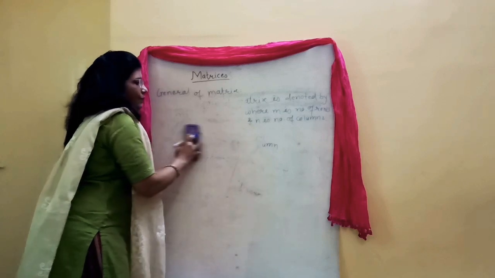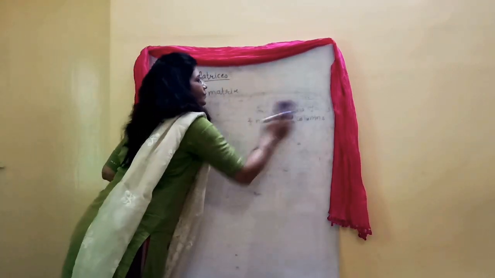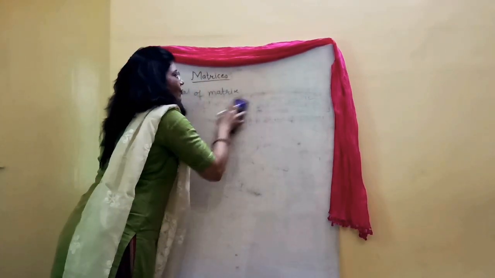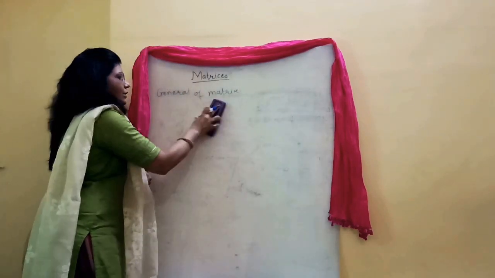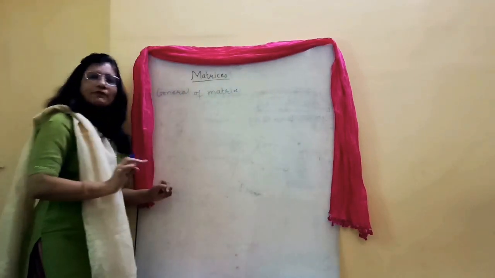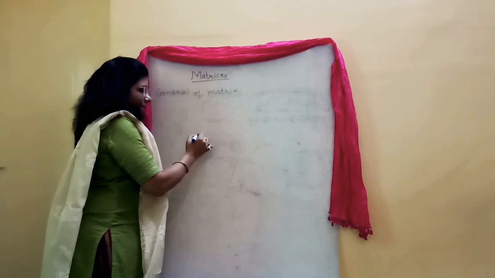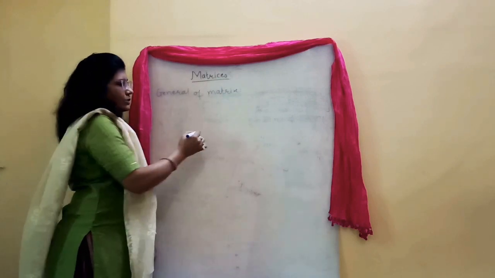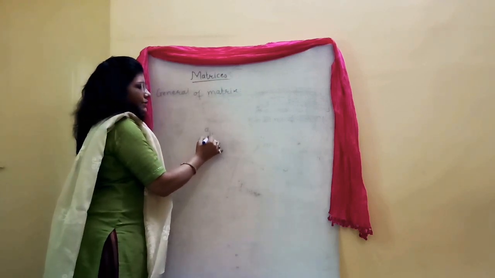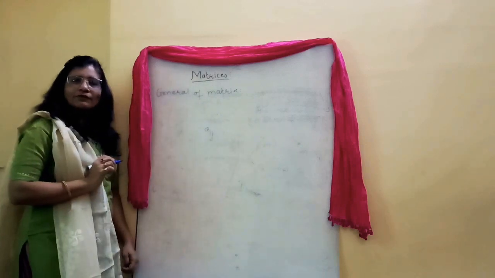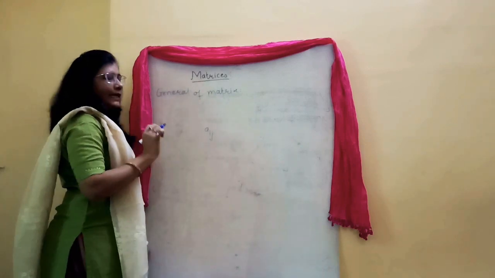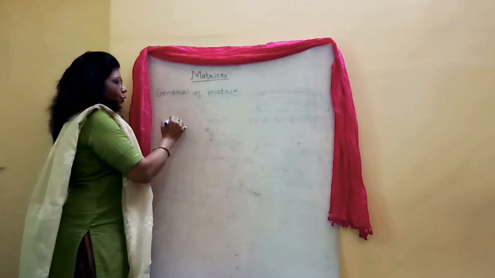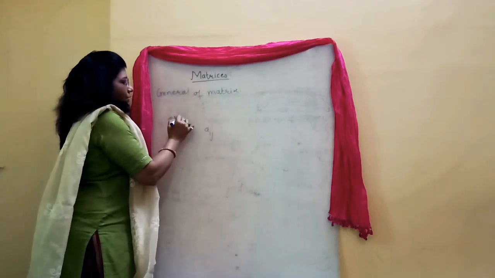Now suppose a matrix is given. Before going to see the general form of a matrix, we will see that any element of a matrix is denoted by Aij. Any element of a matrix is denoted by Aij. So this is an element of a matrix.